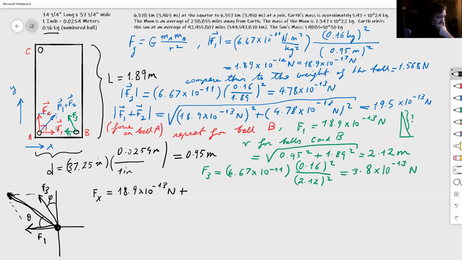In the same direction, I will have the horizontal component of F3, which I will find after multiplying F3 by sine of phi.